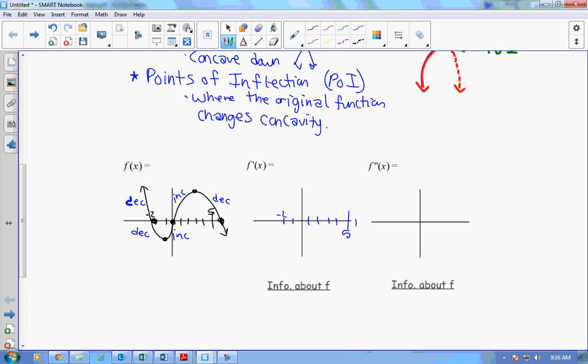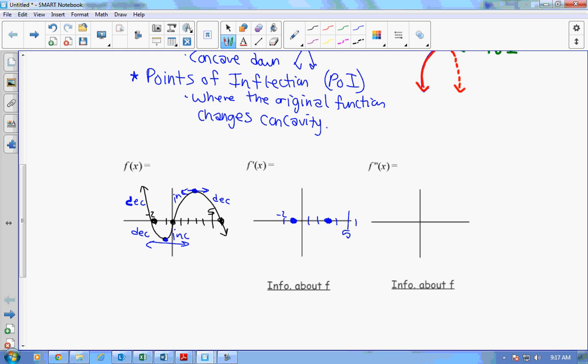What happens at -2? Actually, what happens at -1, at the minimum? What's the tangent line right here? 0. So with a tangent line of 0, the derivative has a 0, meaning an x-intercept. Is there another instance where we have a tangent line of 0? Yeah, at 3 we have a tangent line of 0, so at 3 the derivative has an x-intercept.